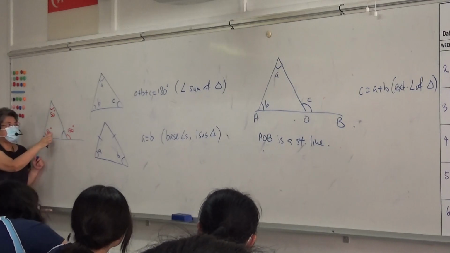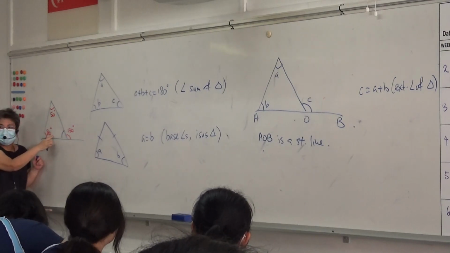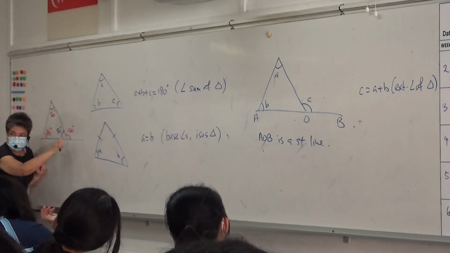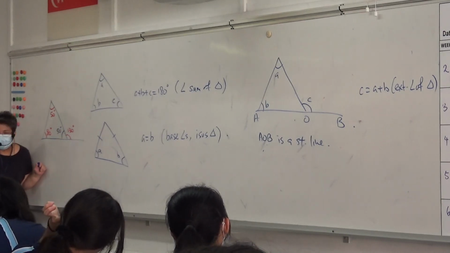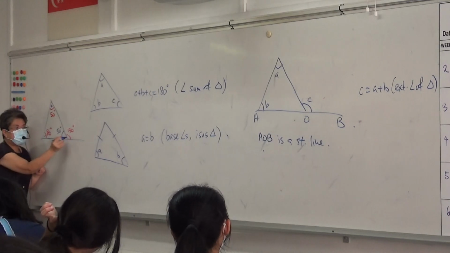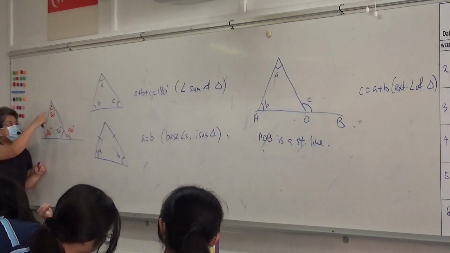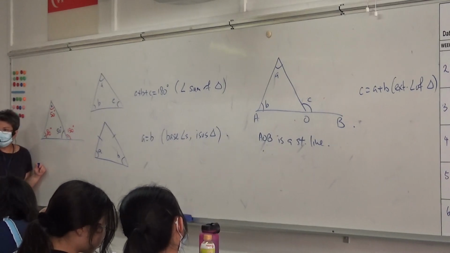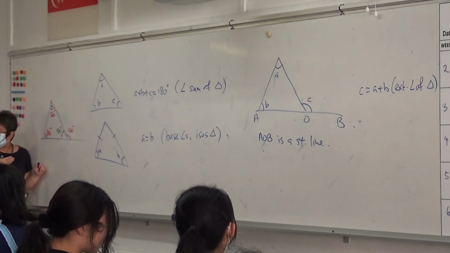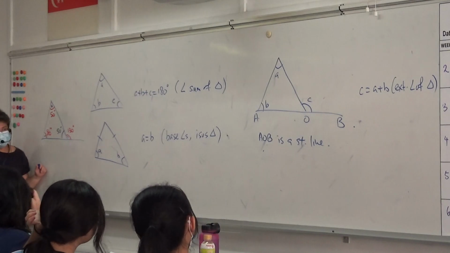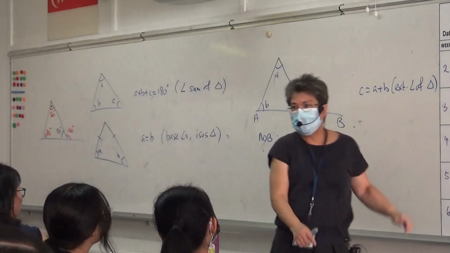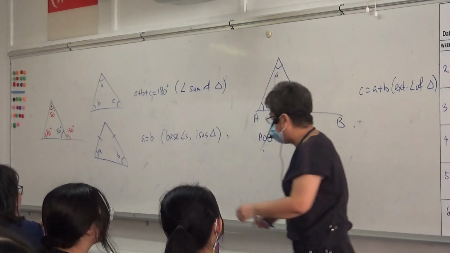So this one and this one will be 130. So this one is 50, right? So you use adjacent angles on a straight line to still get 130. But can you see that these two add up together to make this? Because these two will add up to this because this will form a straight line. You understand? So the proving is from here. Everybody clear? So when you want to use this, you must put: exterior angle of triangle. Okay?